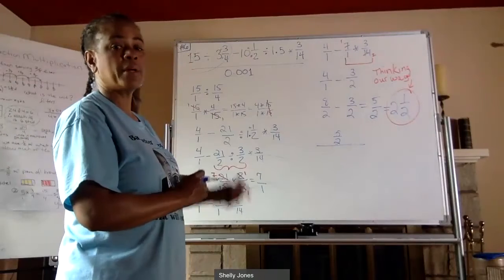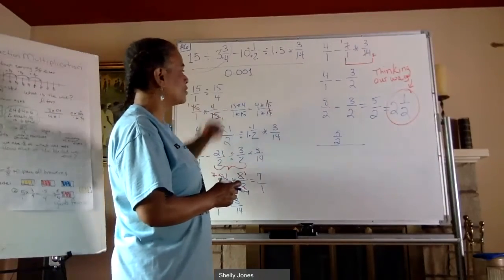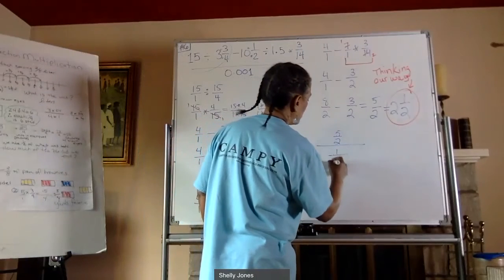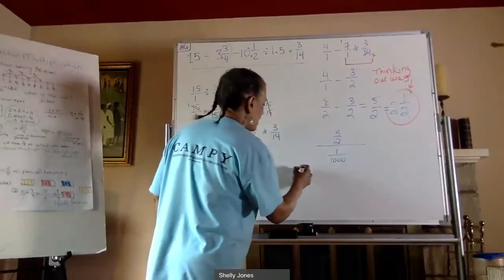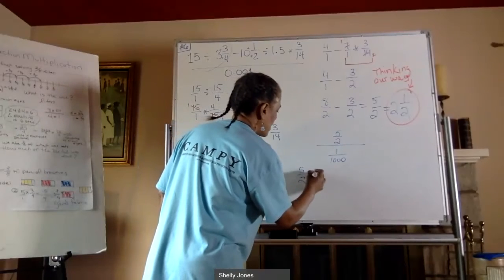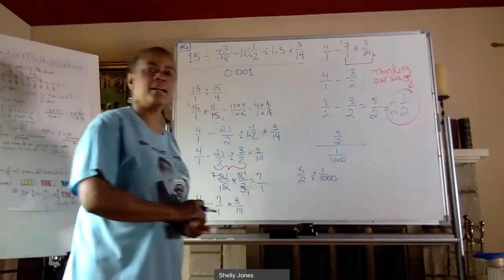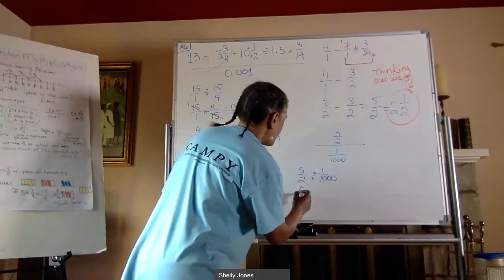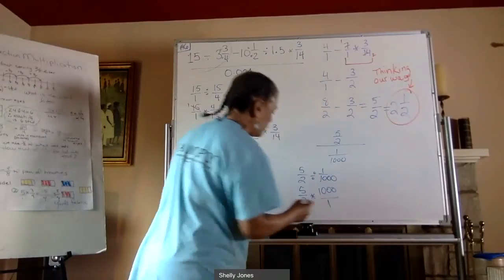0.001, but I'm going to write that as a fraction. So let's see, tenths, hundredths, thousandths. So I have 1 thousandth. I can write that as 5 halves divided by 1 over 1,000. But when I divide, I multiply by the reciprocal. So 5 halves times 1,000 over 1.